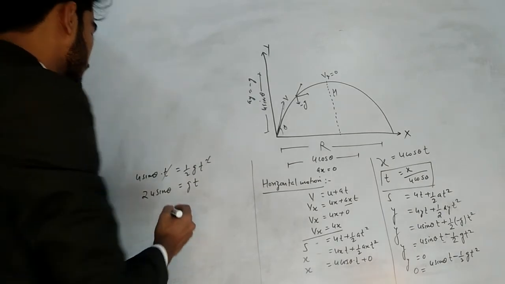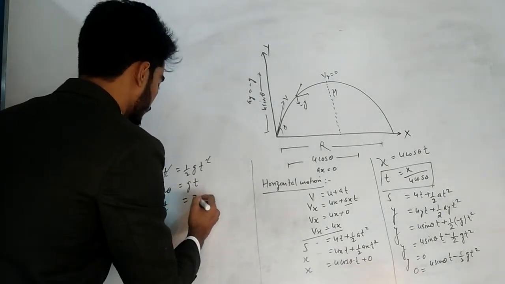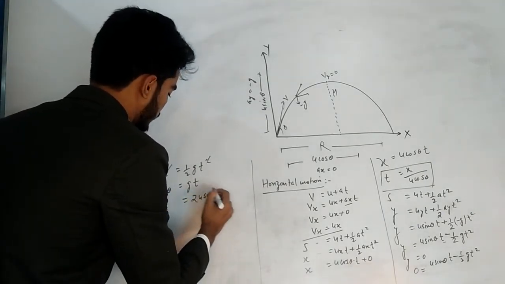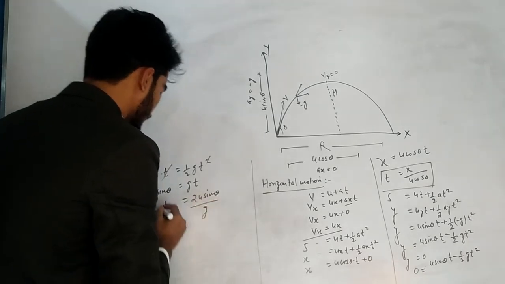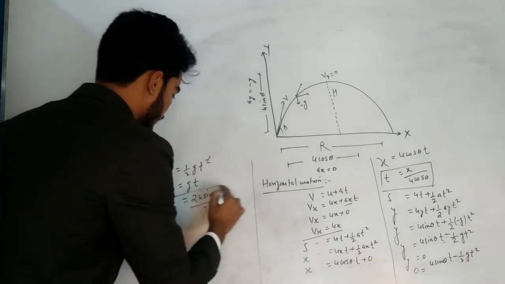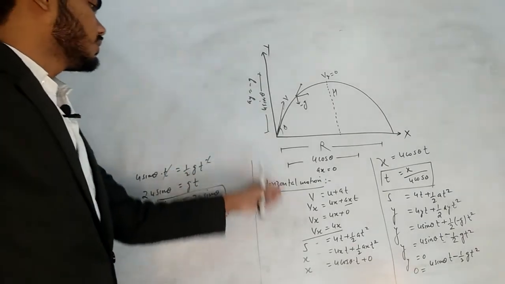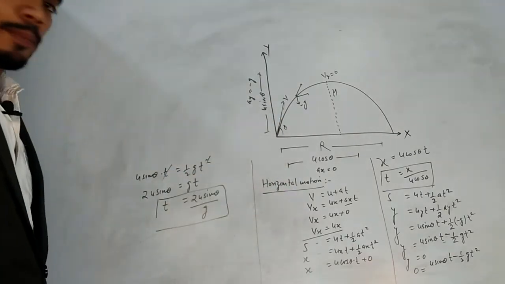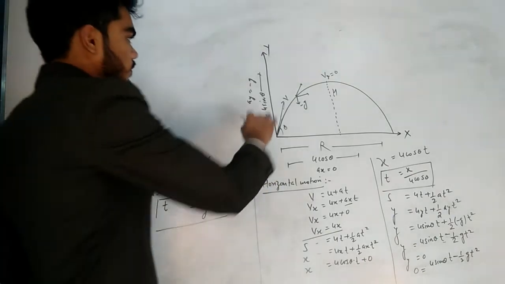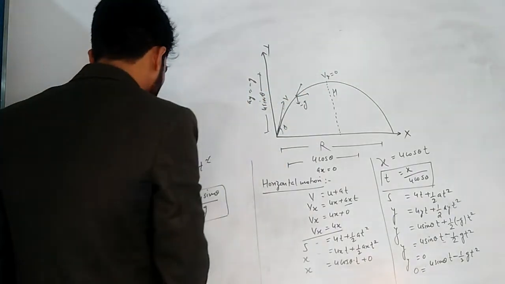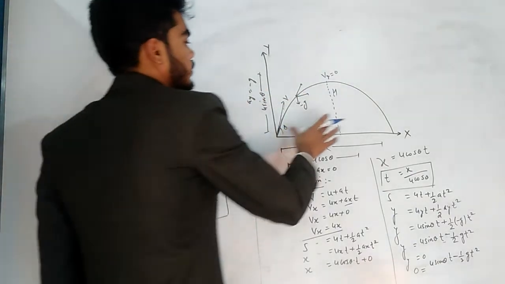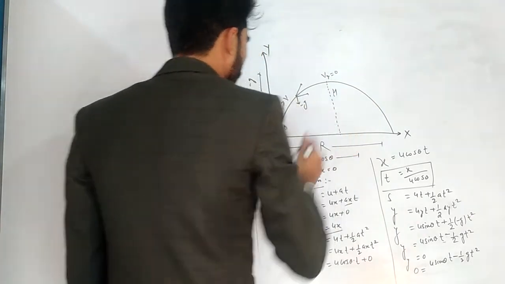Okay, so t is equal to 2u sin theta upon g. So this is the time of ascent and descent, the time of flight. We can easily find it in the vertical position. So we can easily find out the time of flight, and easily we can find out the displacement or the horizontal range.